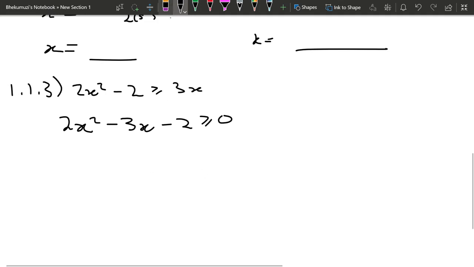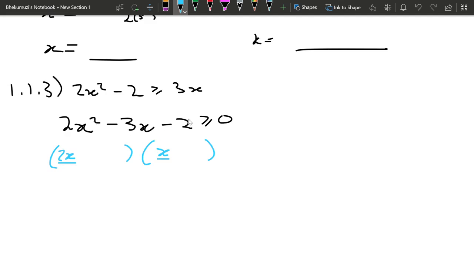So, on the side, let me choose just a different color. If we have 2x squared, we know that when we usually solve a quadratic equation, we'd say there's x and then there's x. Definitely there's supposed to be a 2, that would multiply to give us 2x times x, which would give us 2x squared, right?